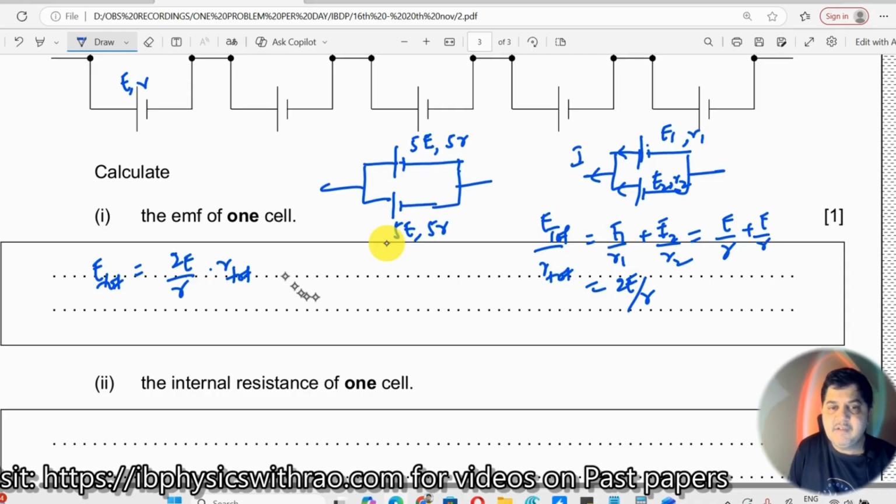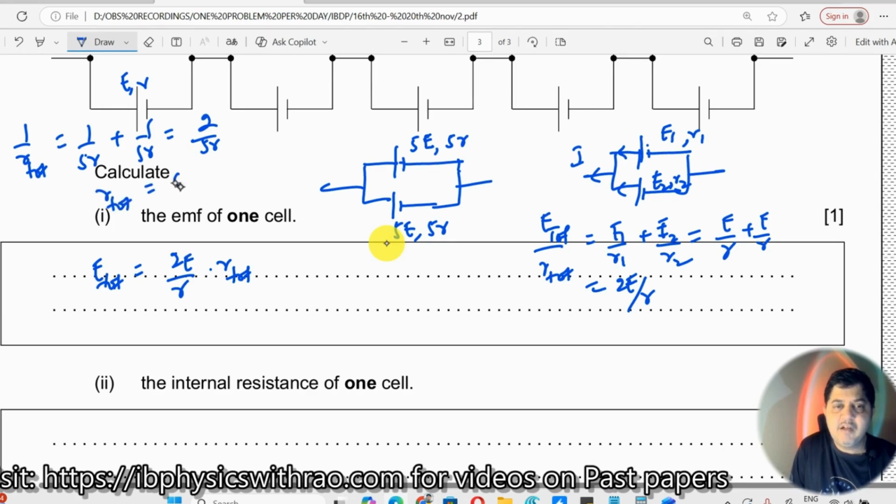So the effective resistance would be 1 by R total equal to 1 by 5R plus 1 by 5R, which would be equal to 2 by 5R, or R total should be equal to 5R divided by 2, which is 2.5 times R. So I will write this as 2E by R into 2.5 times R. This R and R goes away. 2 into 2.5 is nothing but 5 times E.